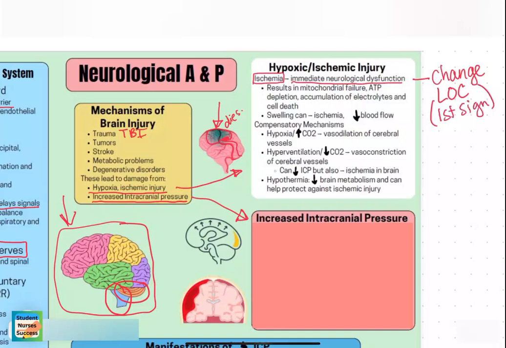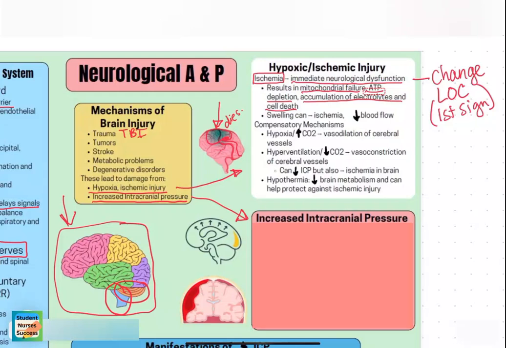Very quickly, what happens if the brain is not getting oxygen in an area, the mitochondria fail, ATP becomes depleted, and the cells actually stop functioning. They no longer pump. And so what we see is an accumulation of electrolytes in the cell, and the cell will die.